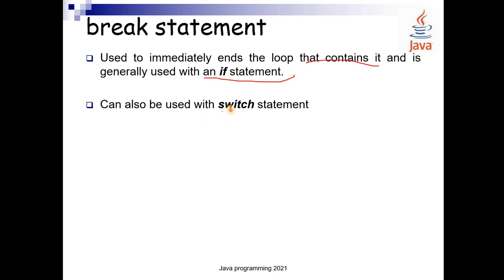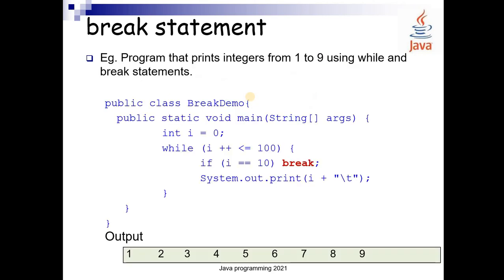Break can also be used in a switch statement. We have seen this in the previous examples. If you don't remember, please check the previous examples. Also check the assignment that you are busy working on right now, because we have switch examples, and we did use break.